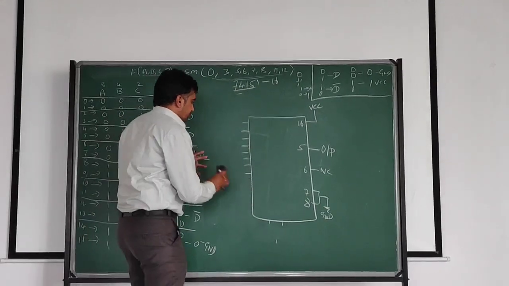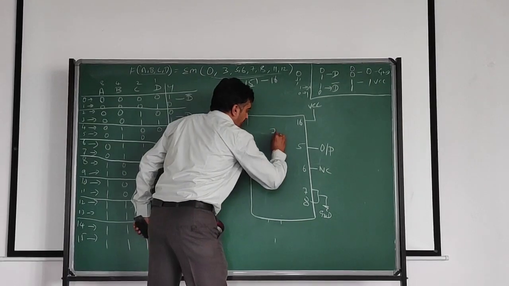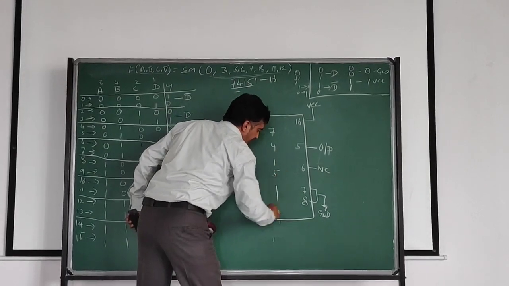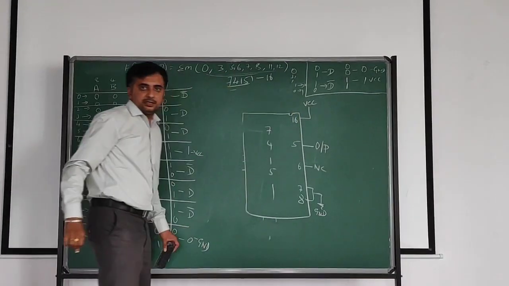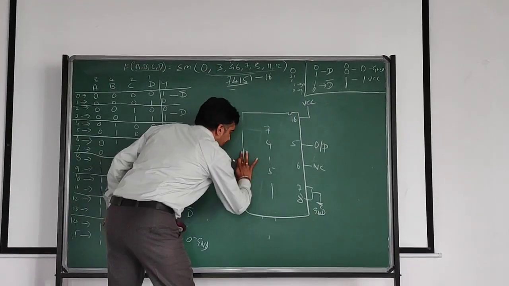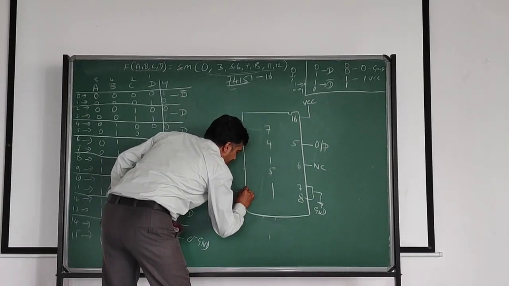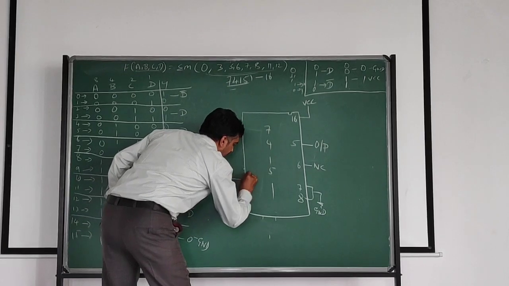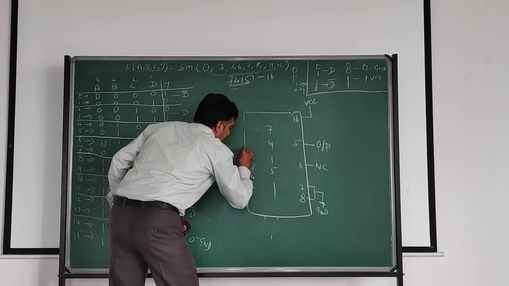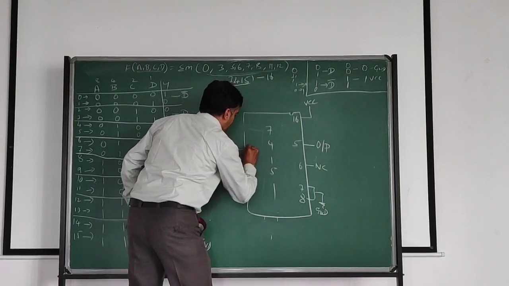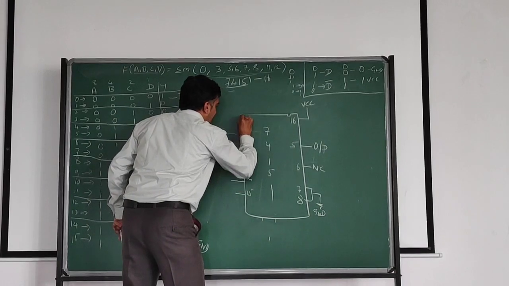Now I will write the configuration. This is the 74151 configuration, and the pins should be like this. Clear? Now listen here: 15, 14, 13, 12, next 4, 3, next 2, 1. We have to write like this.